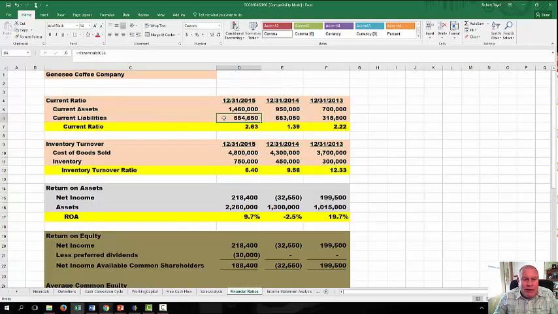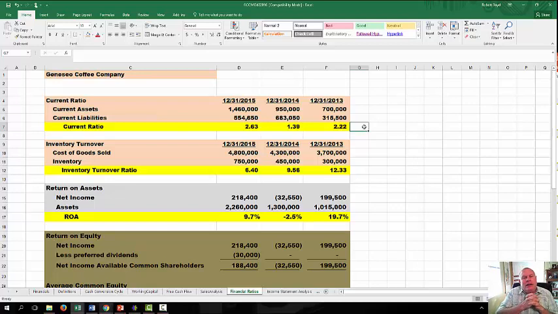We bring over liabilities the same way, and we can see that their current ratio is strong. Looking at it in the traditional way, yes, there's enough money that if they liquidated all of their current assets, there would be plenty left over to pay the current liabilities. It was important to note that, because that's what it is theoretically.